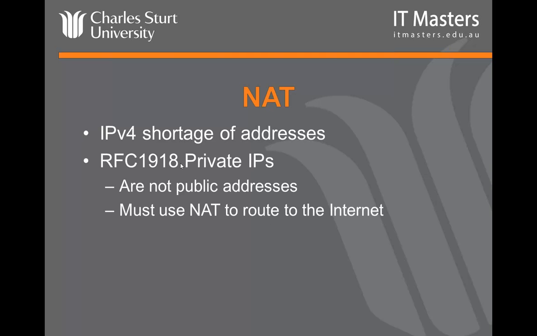If you're unsure what RFC 1918 addresses are, have a look it up on Google. Most of you will know what they are, even if you don't think you know. They're the 10 addresses, any address starting with 10, any address starting with 192.168, or any address starting with 172.16, all the way up to 172.31.